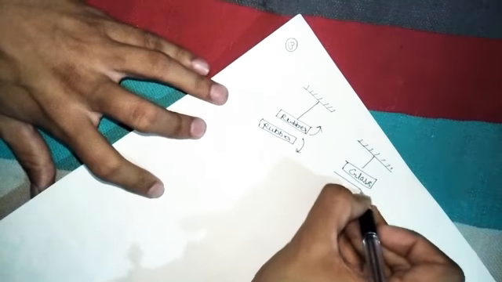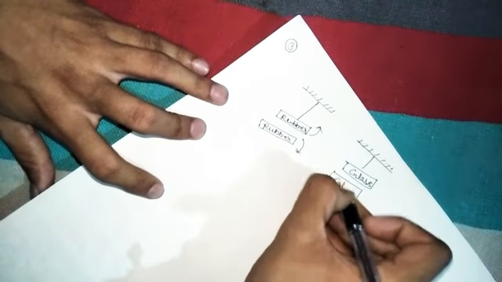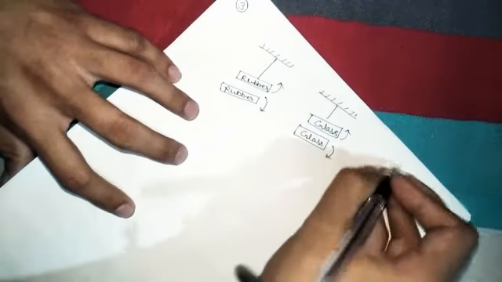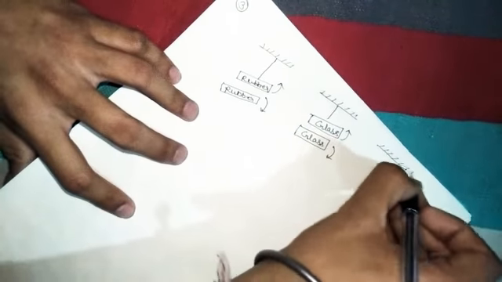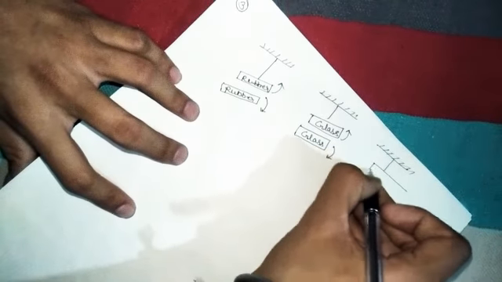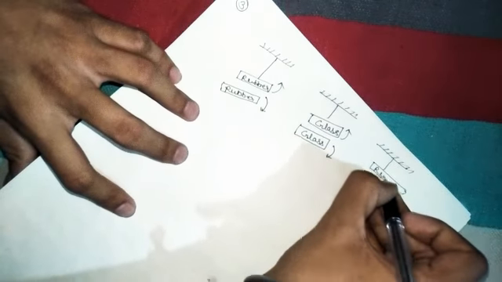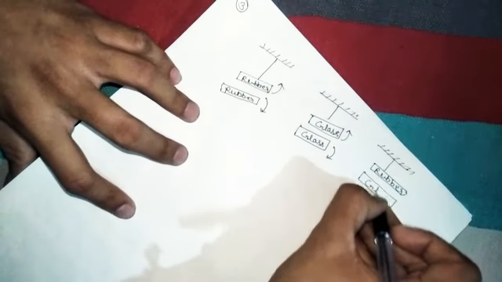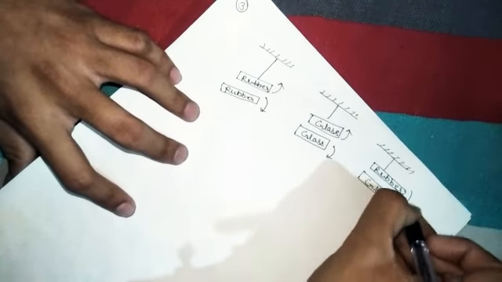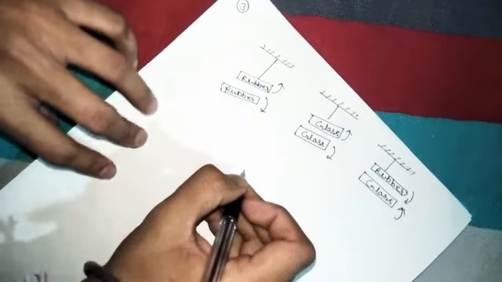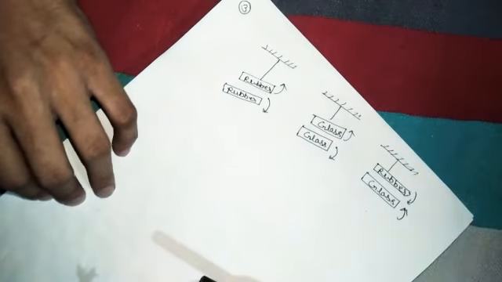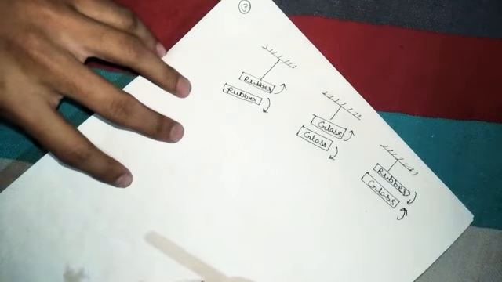And when a glass rod gets closer to another glass rod, they repel each other. But when we bring a glass rod closer to the rubber rod, they attract one another. So by this we conclude that like charges repel each other and unlike charges attract each other.